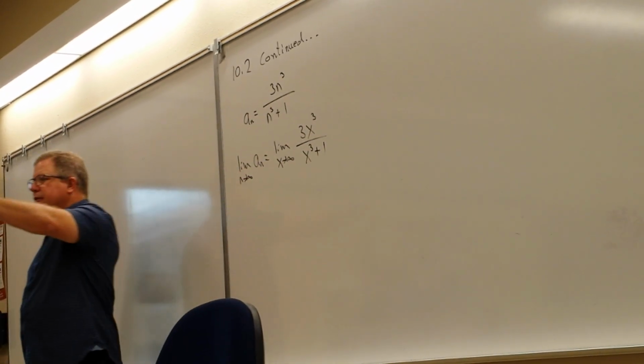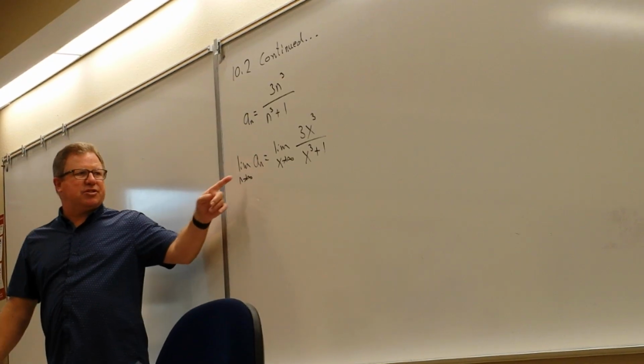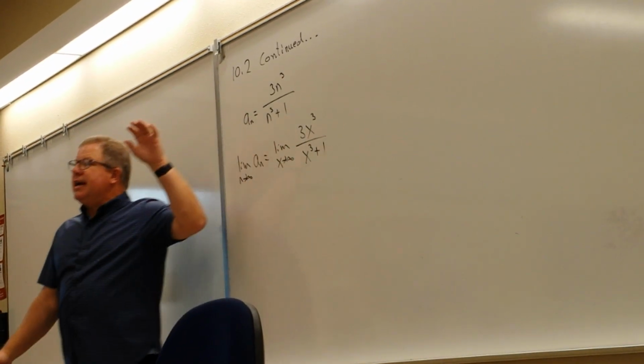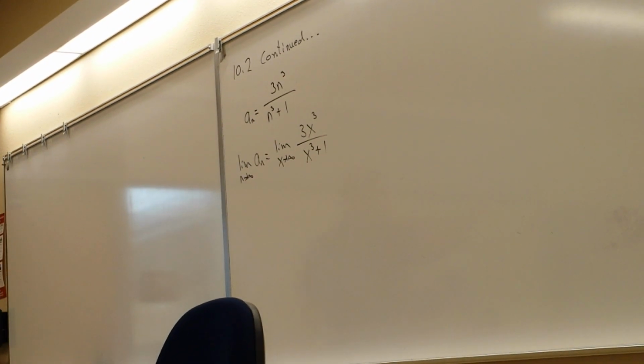It's that theorem we saw on Wednesday that allows us to write this in terms of x and now apply all of the methods that we learned about limits in first semester calculus, including, if necessary, L'Hopital's rule. It's not going to be necessary here.